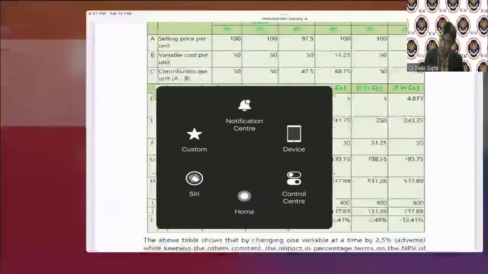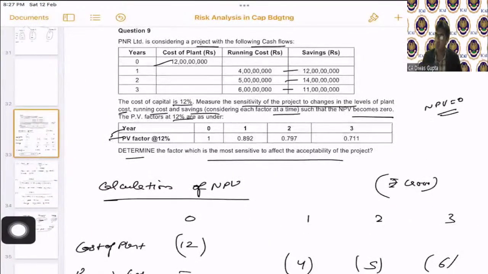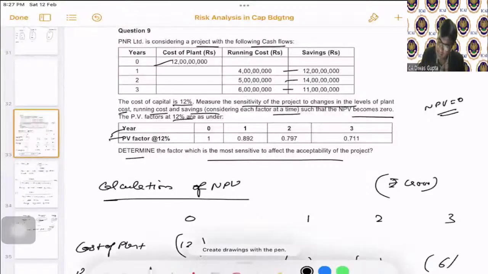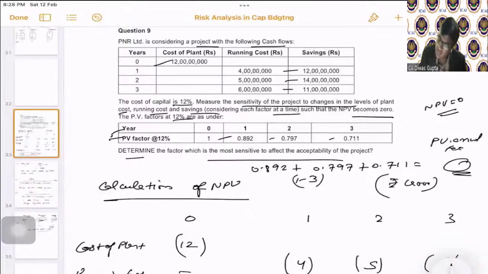Now, for example, I'll tell you how it has come. In this question we have solved, right, Charu? If you see, these are the individual yearly factors. But if you take the sum of 0.892 plus 0.797 plus 0.711, this will be the present value annual factor, the sum of 1, 2, 3. Whatever this comes to, in that particular question, is 2.673 at the rate of 6%.